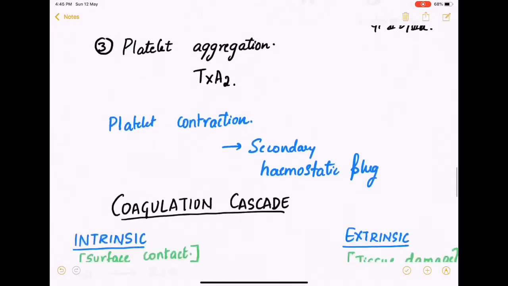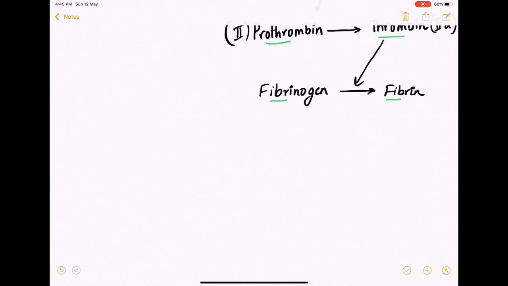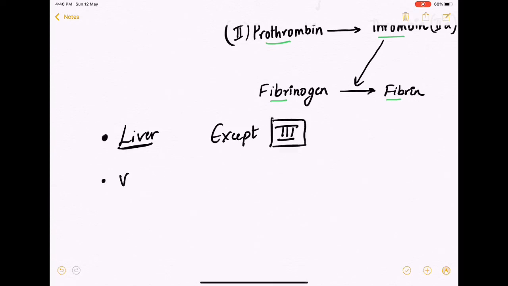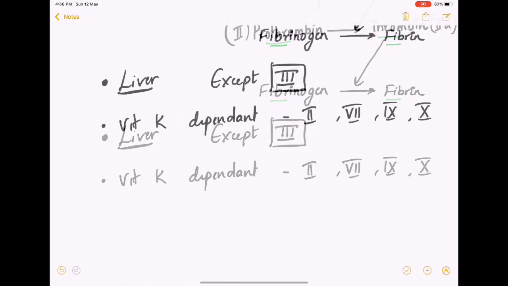And the last thing I would just throw some light upon, just so you know a few facts, is that almost all the clotting factors are synthesized by the liver, except factor 3, which is produced in the tissue. And the vitamin K dependent factors are factor 2, 7, 9 and 10.